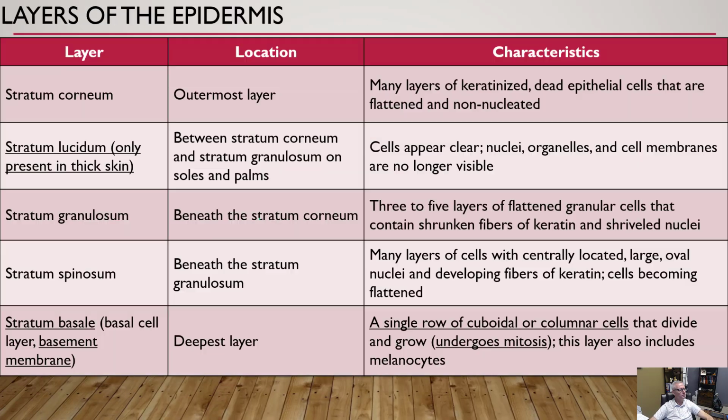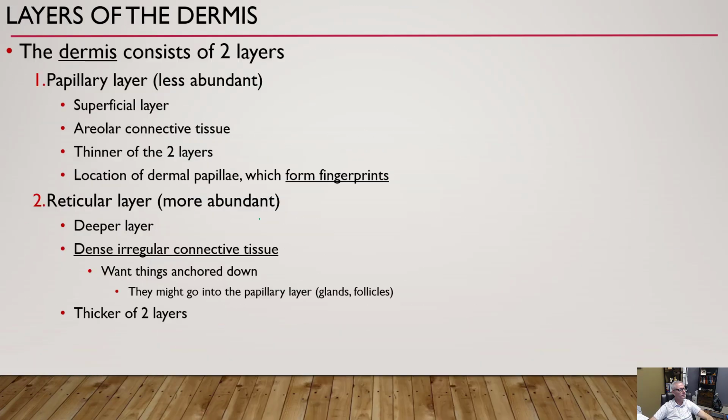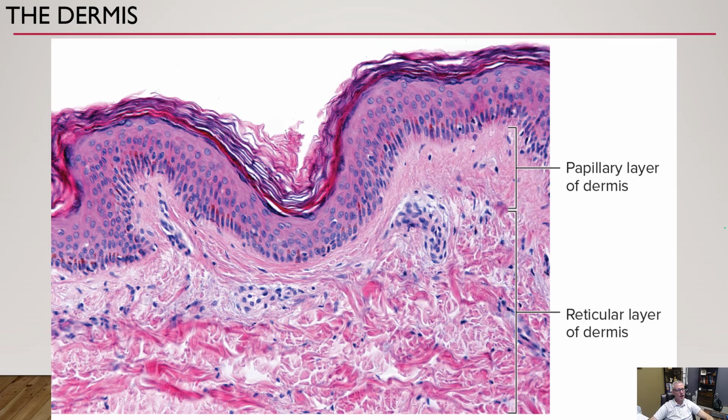All right, so here these would be our dermal papillae that kind of bud up into the layer of, or up into the epidermis. So this right here would be the epidermis.